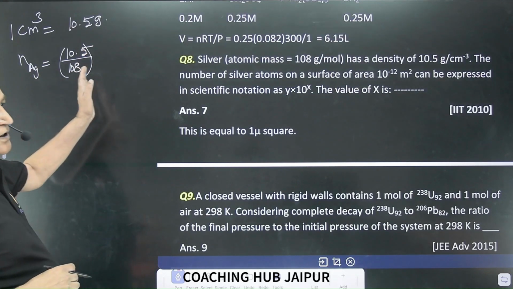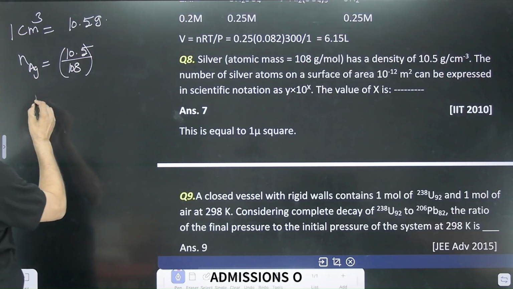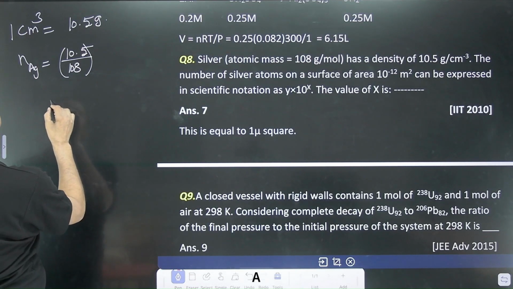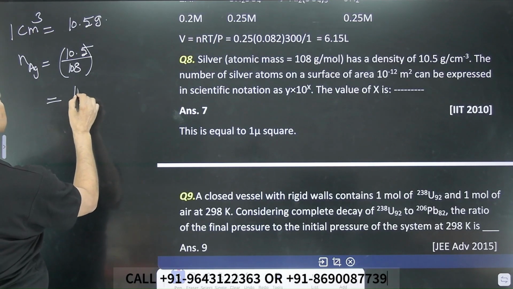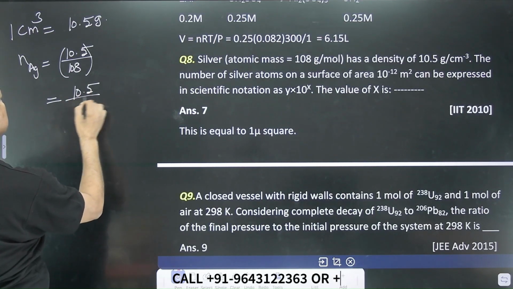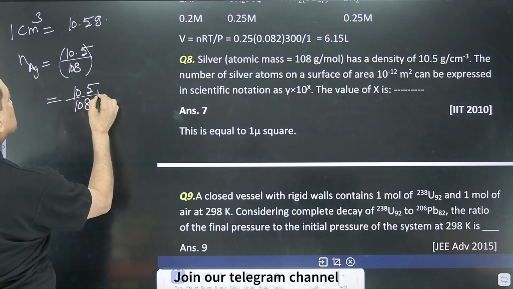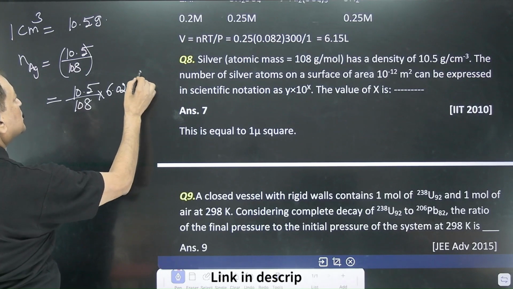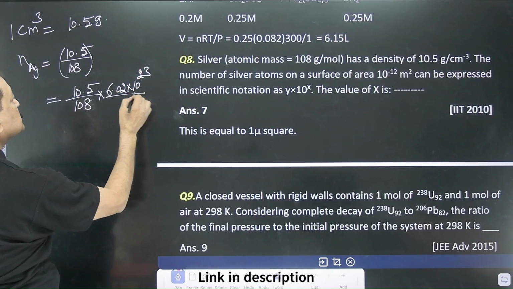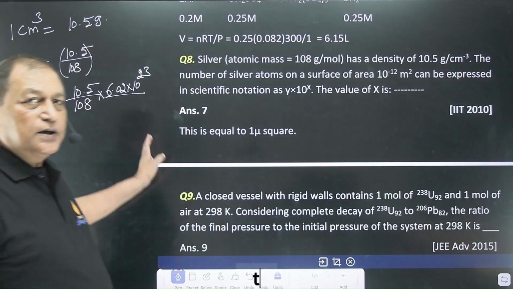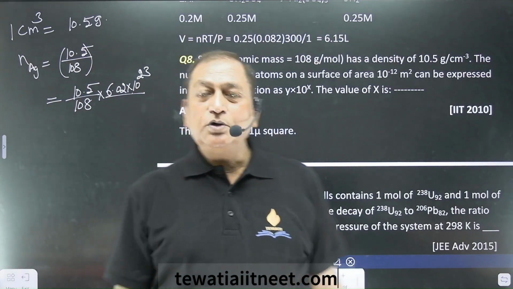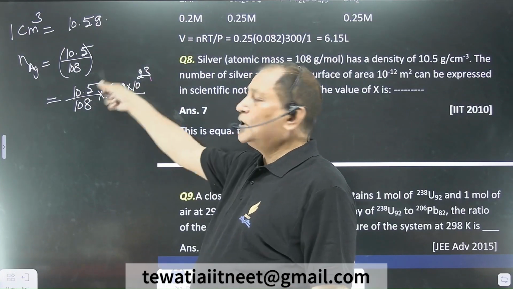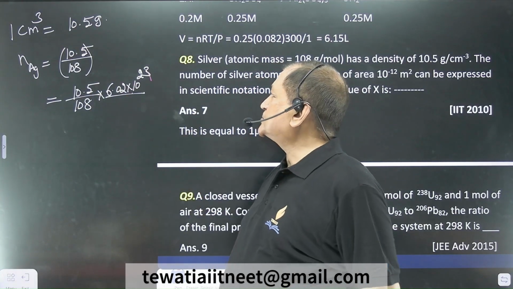So how many atoms in 1 centimeter cube? Number of atoms will be 10.5 by 108 into 6.02 into 10 raised to power 23. This is Avogadro number. In 1 mole, so many atoms. In this mole, how many atoms? This many atoms.